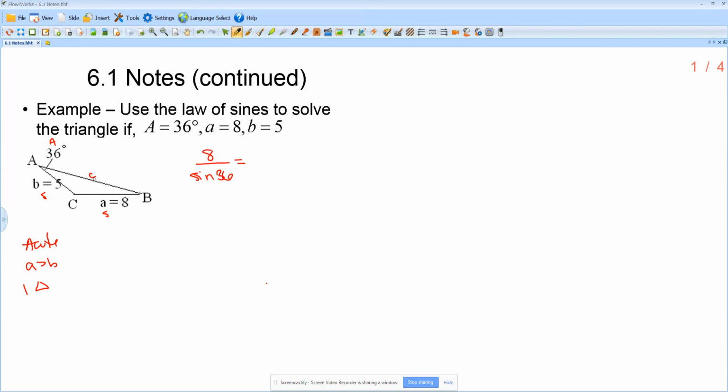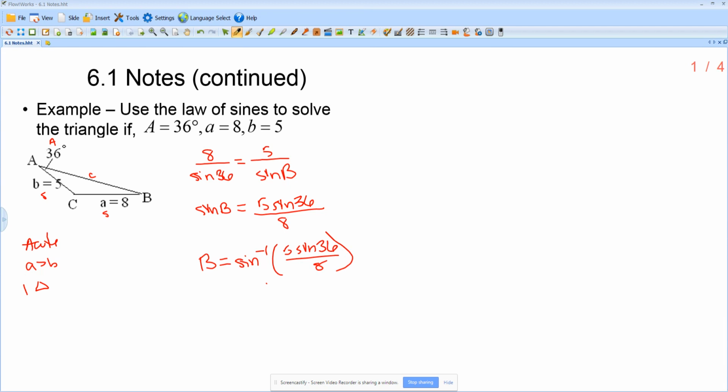We don't know anything about C, but we know that b is 5. So then I'm going to solve for sine B. Cross multiplying, I get sine B is equal to 5 sine 36 all over 8. And then this is where I do inverse sine. So B is equal to inverse sine of 5 sine 36 over 8.